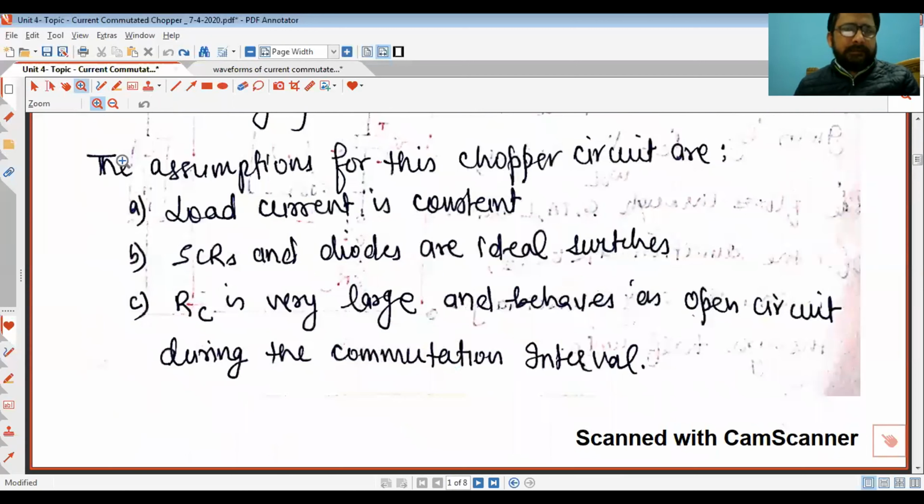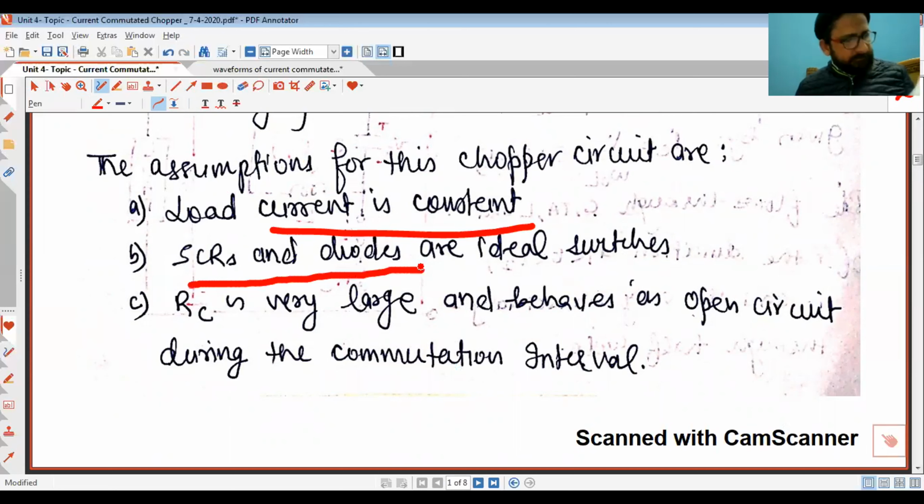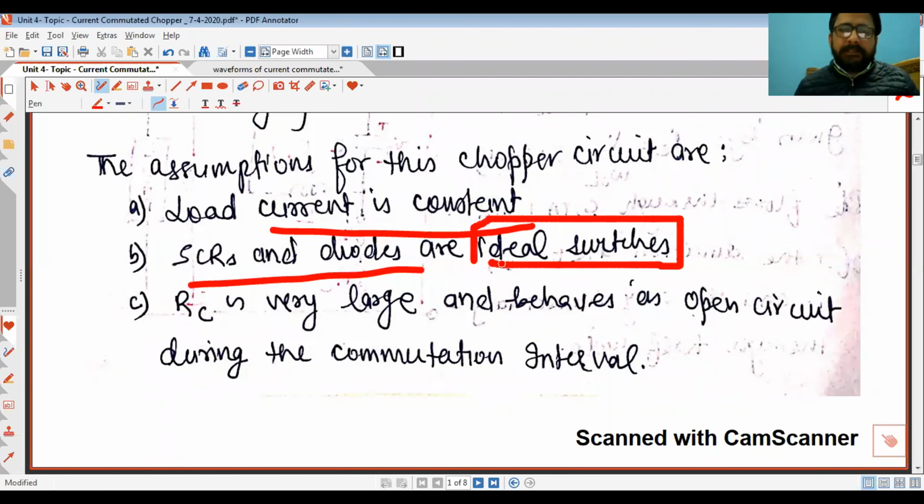Initially, similar to the voltage commutated chopper, in this chopper circuitry also we have certain assumptions. These assumptions are that the load current is constant, and SCRs and diodes are assumed to be ideal switches. You all know the meaning of an ideal switch, which does not possess any resistance during the on state.